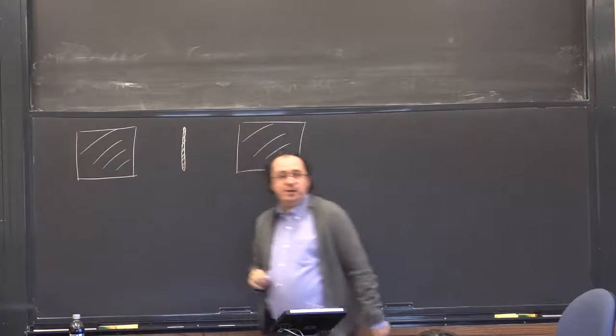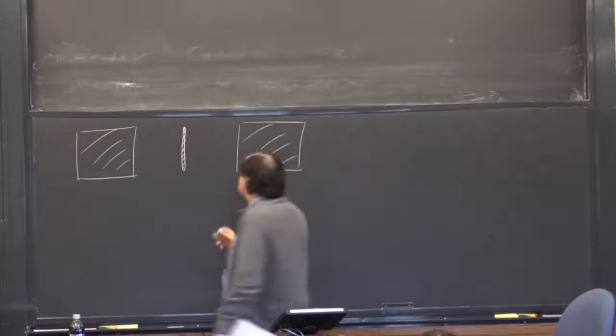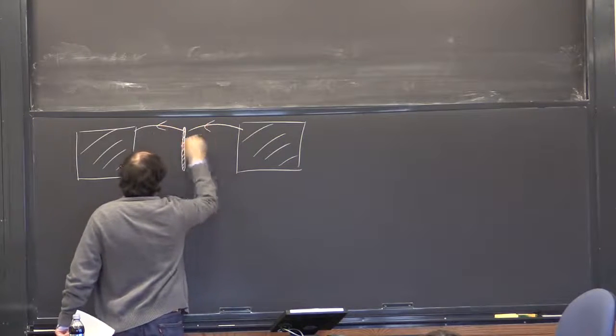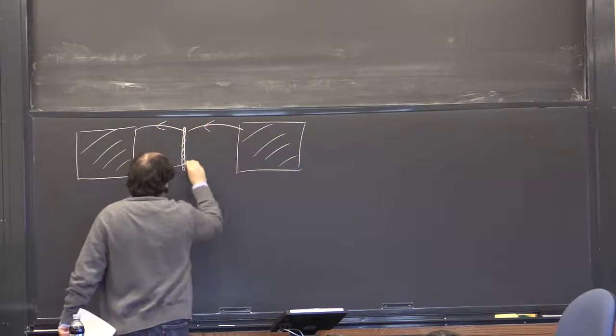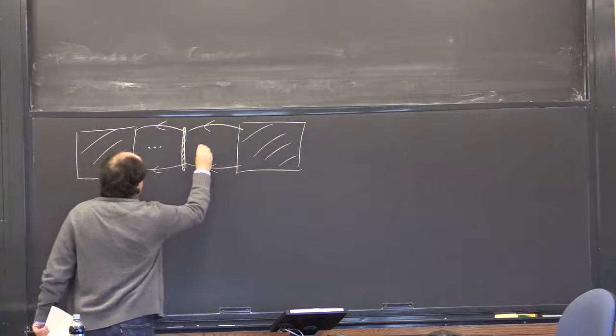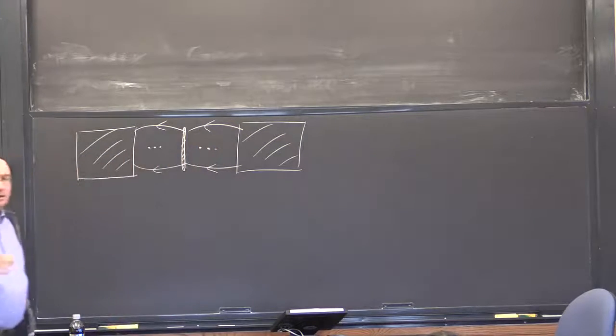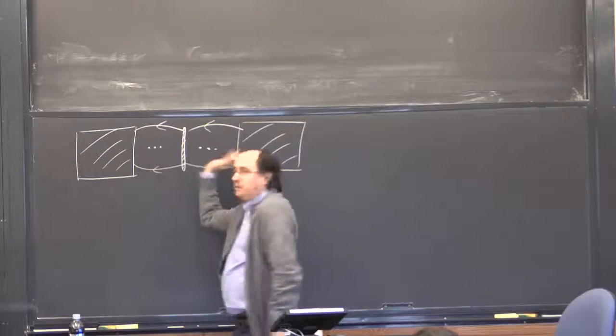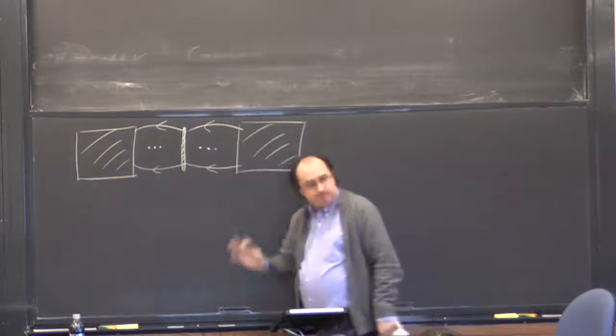Let's assume that this vertex is a k-body vertex, which means that there will be k lines leaving it and k lines coming into it. I'm not making any assumption whether the lines here are particles or holes.